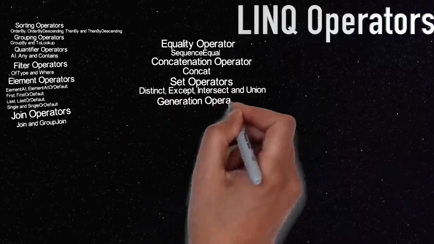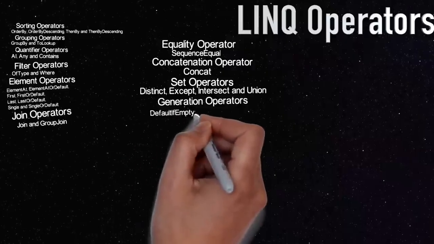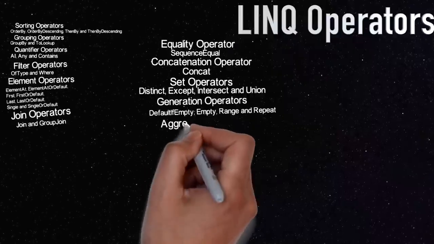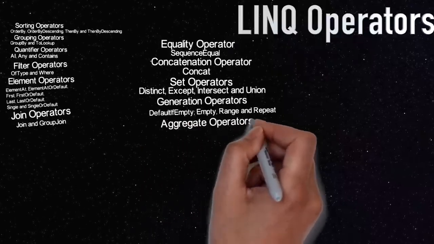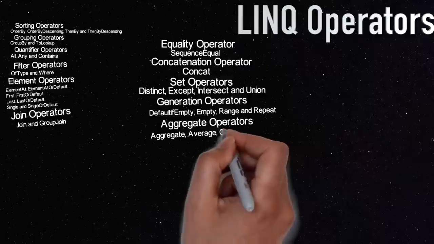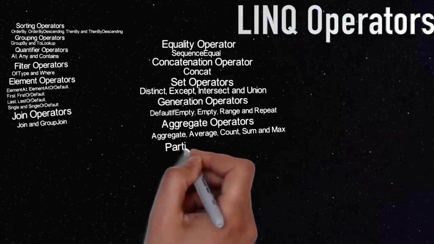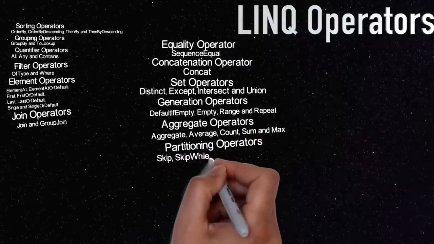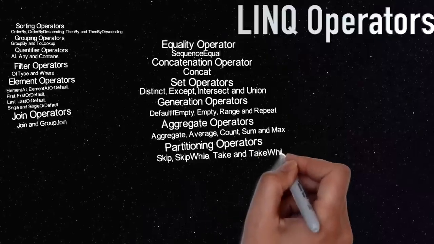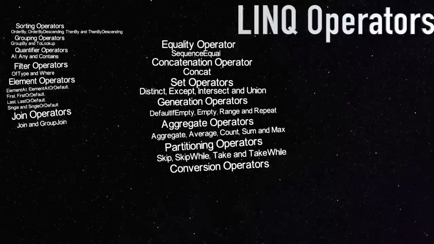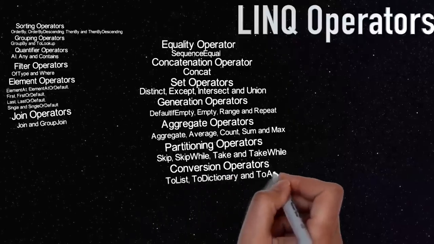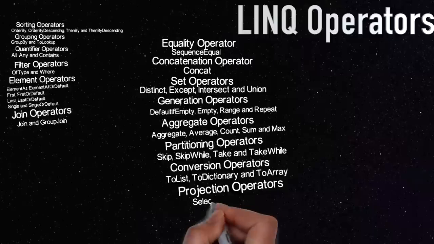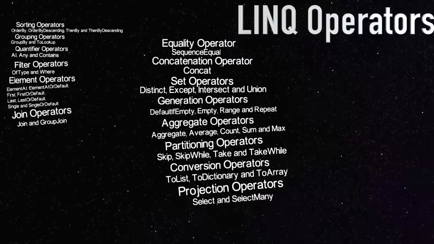The generation operators, DefaultIfEmpty, Empty, Range, and Repeat operators. The aggregate operators, Aggregate, Average, Count, Sum, and Max. The partitioning operators, SkipWhile, Take, and TakeWhile. The conversion operators, ToList, ToDictionary, and ToArray. And lastly, the projection operators, Select and SelectMany.